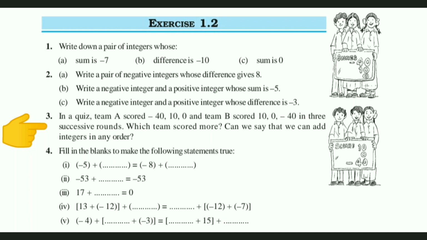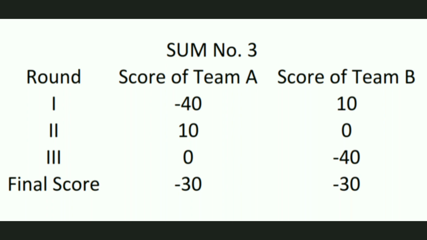Now, in sum number 3, the scores of team A and B have been given. Now, let us find out the final score of both of them. In the first round, team A scored minus 40, in the second round 10, and in the third round 0. So their final score is minus 30. While team B has scored in the first round 10, second round 0, and in the third round minus 40.